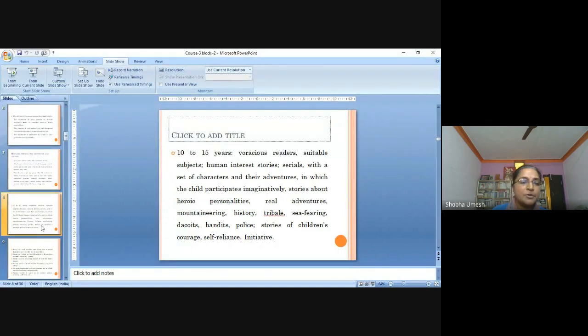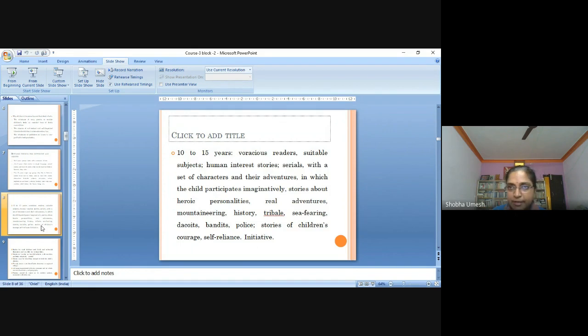See, when we come across all these age groups, their themes undergo changes. According to the growth of the child, even the interest undergoes changes. It will not remain the same.